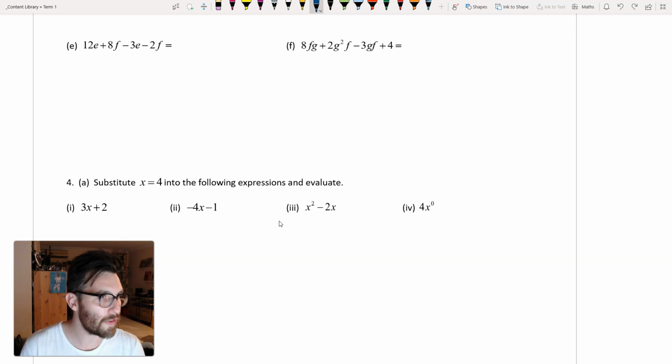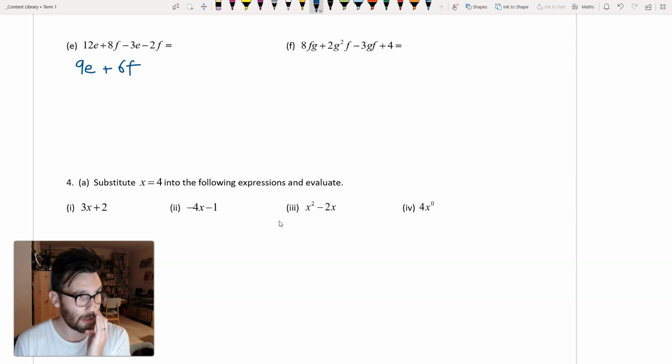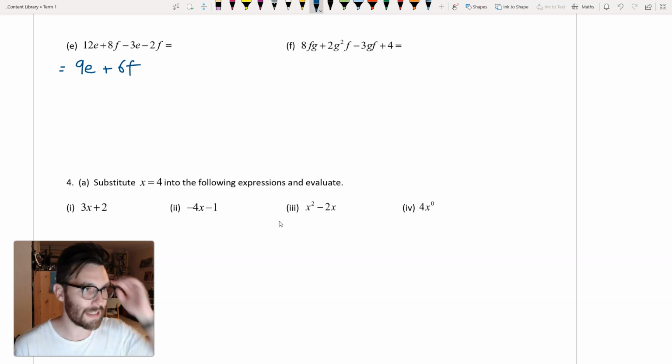I can simplify those two to collect them to give me 9e. And similarly, I can do 8f take away 2f, which would be 6f. So then I'm going to add on the 6f to the end of that. Okay. And now again, 9e and 6f are not like terms because the variables are not the same.